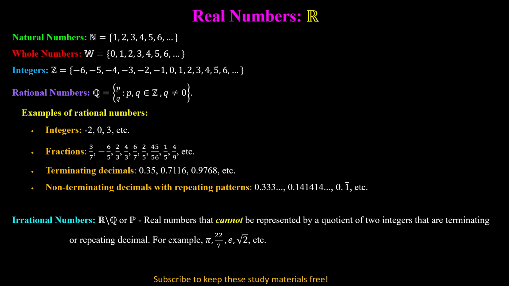And of course, then we have the integers, and then encompassing all three of those would be the rational numbers, which includes the following examples: integers, fractions, terminating decimals, non-terminating decimals with repeating patterns. And there are examples of all these things, all these numbers and values.